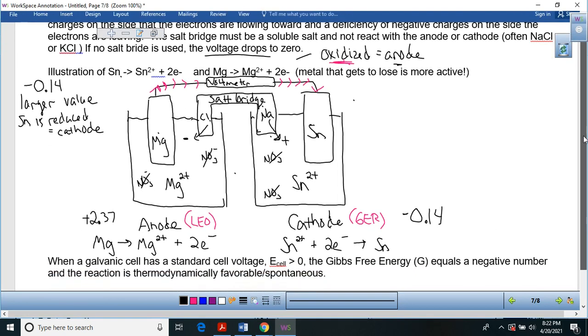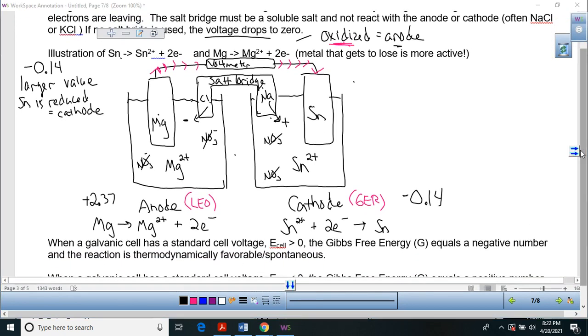Okay, so this is my illustration of a battery, a galvanic cell. And if I were to take my numbers here, we said that we flipped this. It had a negative 2.37, and we said that it was losing electrons instead of gaining electrons. So we flipped that sign. Instead of negative 2.37, we made it positive 2.37. And then on our tin side, this was negative 0.14.